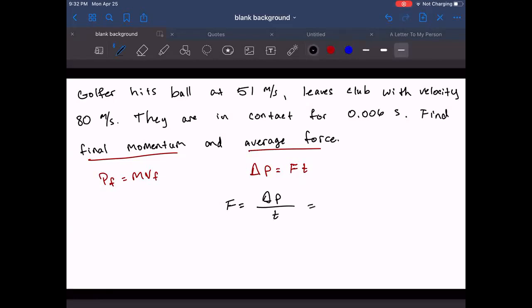But what is delta P? Well, it's a change in momentum. And what is each of these? Well, this is always true forever. So mvf, the final velocity, minus mvi, initial velocity, divided by time.